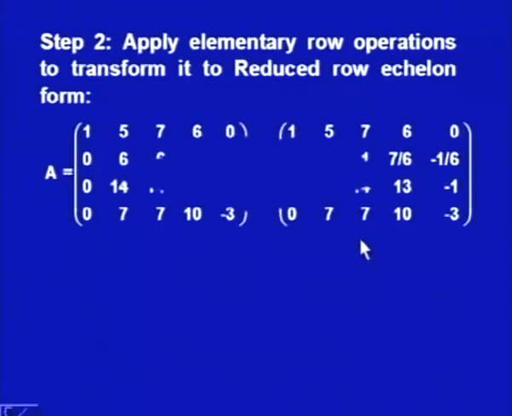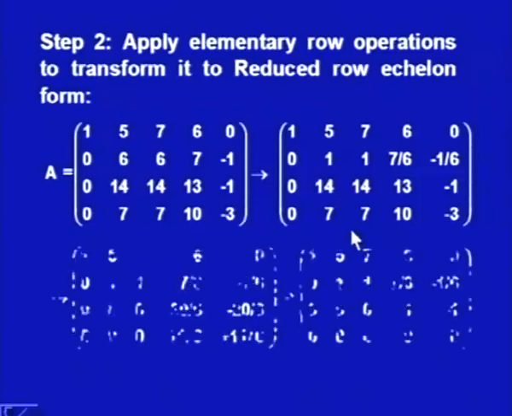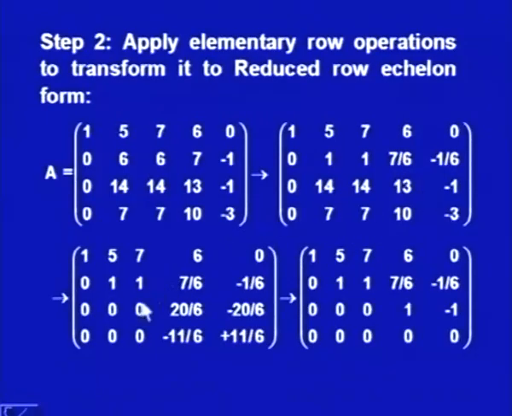I will give you a sequence of steps to reduce the given matrix A. I have the first row written as it is, and I will first try to make the first column 0. When I apply the linear transformation, the matrix A reduces to this form, and from this we apply more linear transformations so that it further reduces to this form, and then to this form.